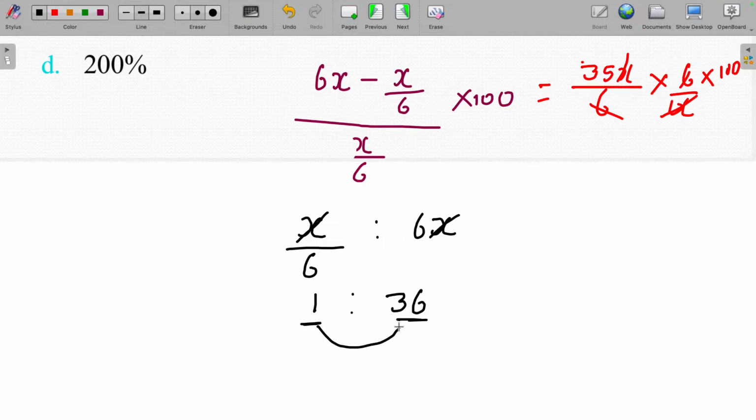What is the error? Error will be 35 compared to the initial original number 1. To convert any fraction to percentage, multiply by 100, which means the answer will be 3500 percent error. I hope method 2 is clear.